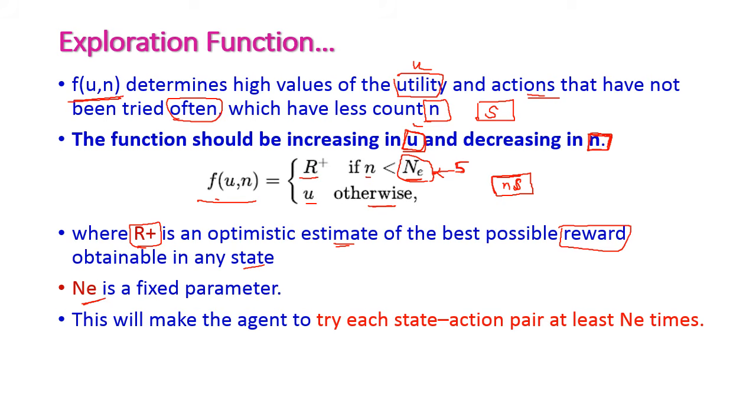If a particular action has been tried fewer than 5 times, then r plus, otherwise u, the utility. Okay, this function is used to make the agent try each state action pair at least ne times. That means all the actions should be tried in a particular state at least ne times.